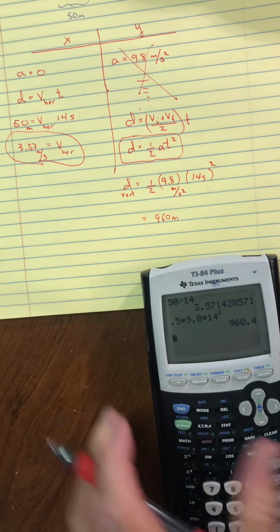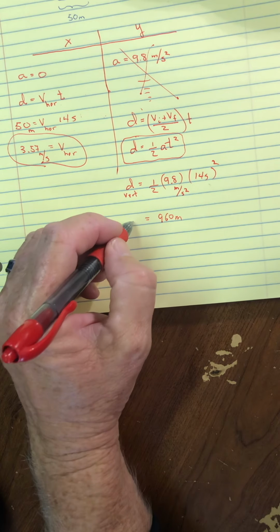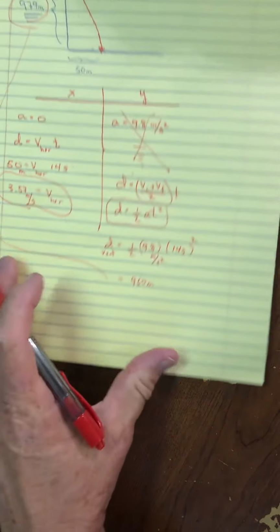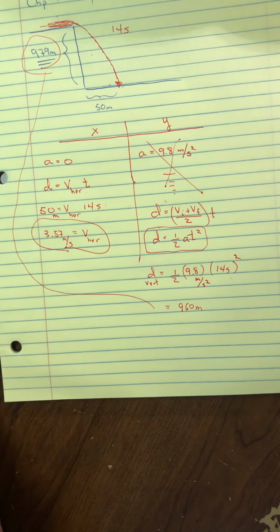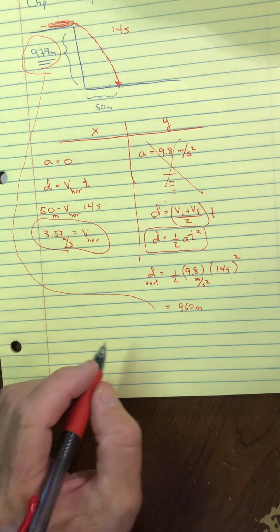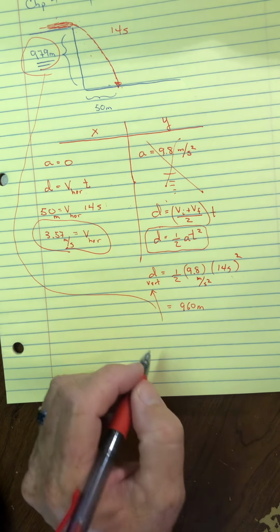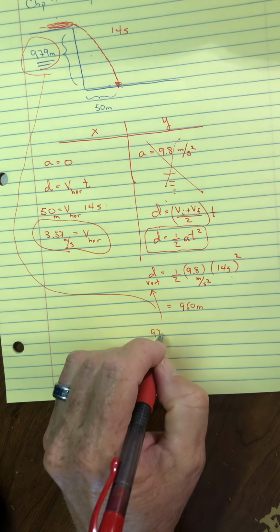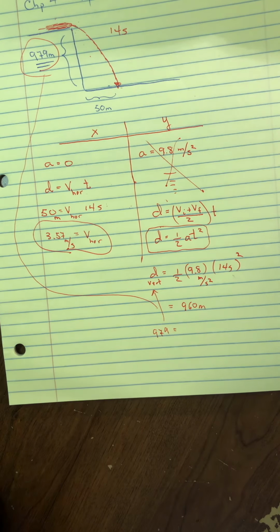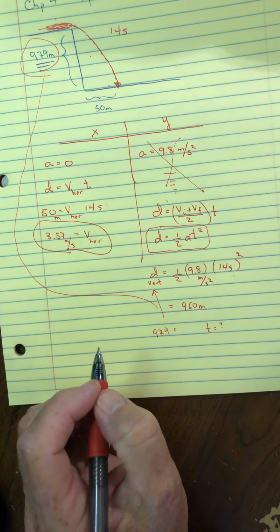960 meters. Now, interestingly enough, that is a little off from what they say it would. So maybe I should do the reverse. Maybe I should say, all right, if it fell 979 meters, what would the time be?